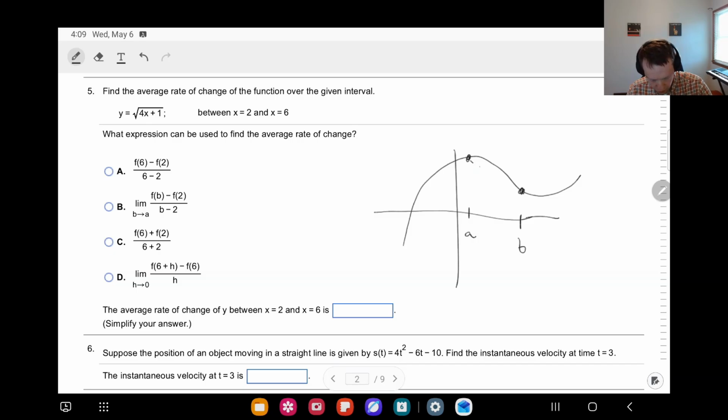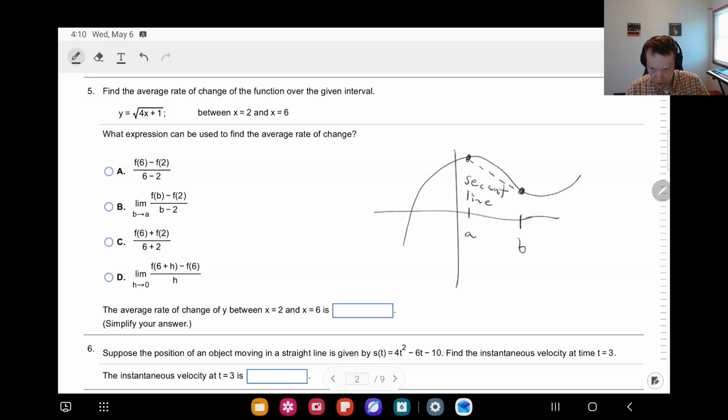Well, you connect the 2 points using a straight line. That's called the secant line. And it's the slope of that line that is the average rate of change. So think rise over run. It's not even a limit in this case. That's for instantaneous rate of change.